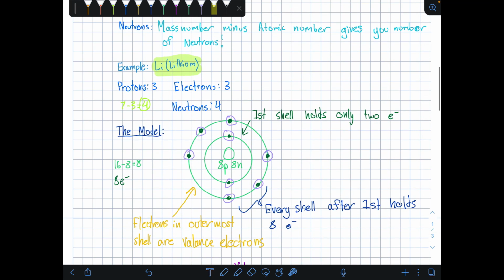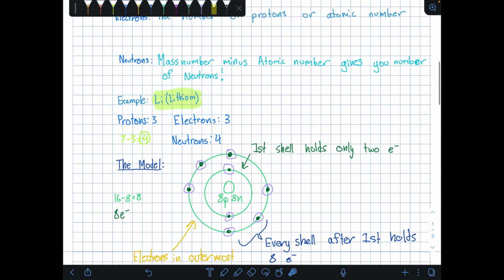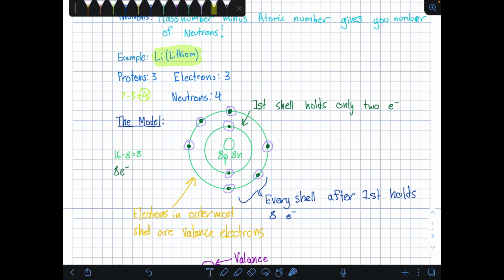Then we learned about the Bohr model itself. Inside the Bohr model, you put the symbol and the number of protons and neutrons, and the electrons go on the outside, just like in a real atom, except in a real atom the distance would be a lot farther.